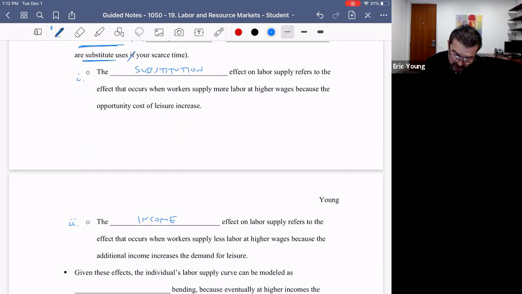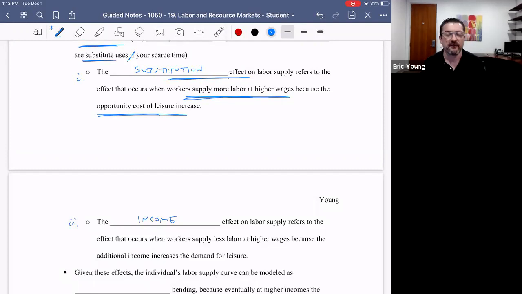The substitution effect on the supply of labor basically refers to the effect that as a worker works more at higher wages, the opportunity cost of leisure increases. The substitution effect refers to the effect that occurs, again, when workers will work more at higher wages because the opportunity cost of not working goes up.